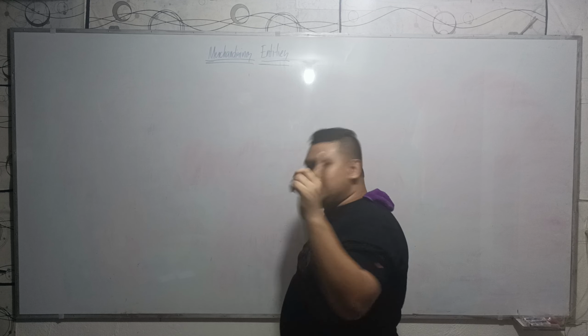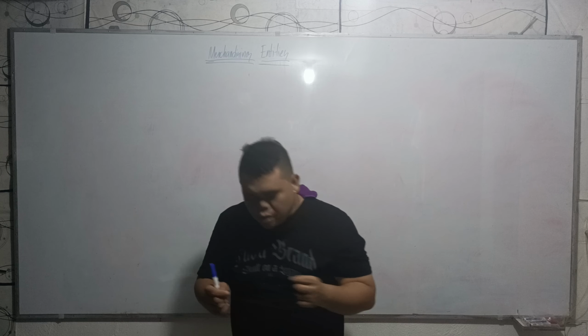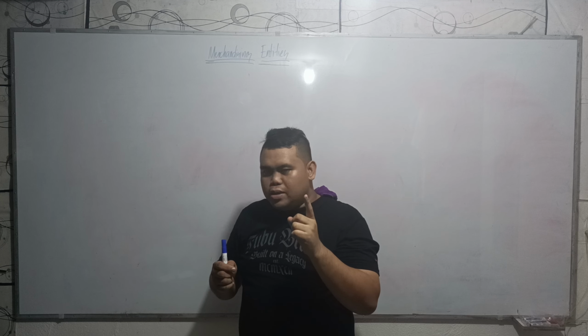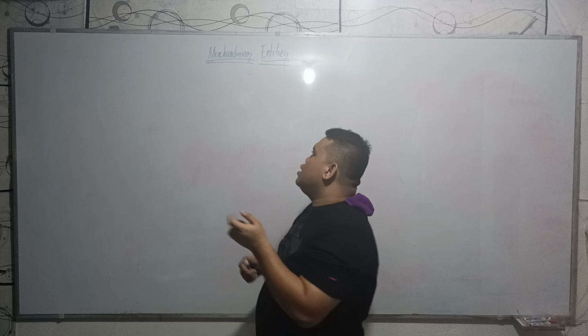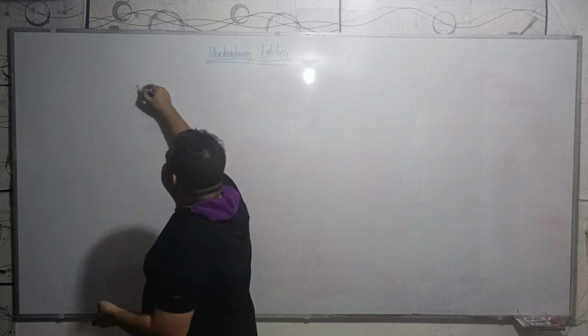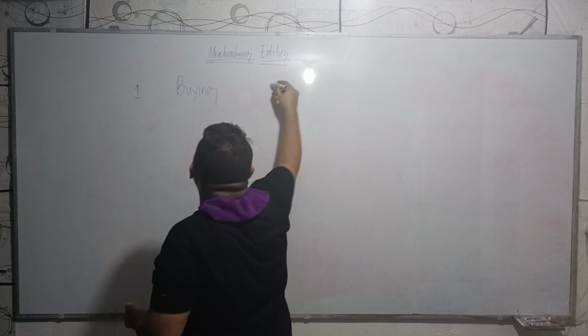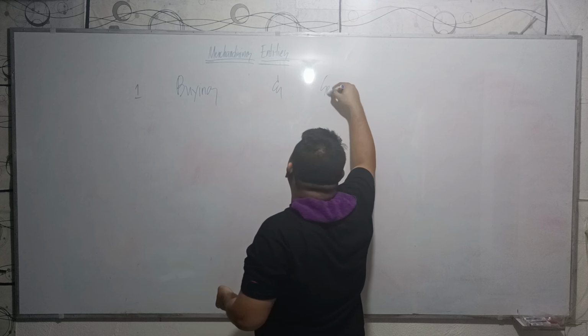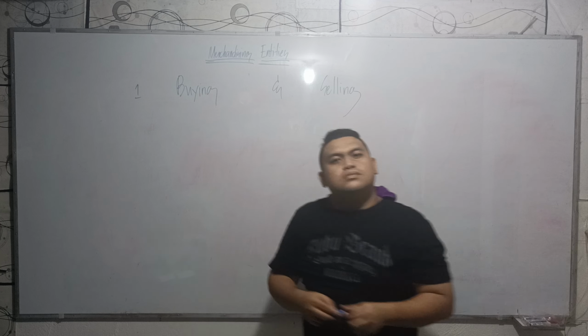Okay, now let's start. So, merchandising entities. The number one difference of merchandising entities with the service entities is, of course, the transactions, buying and selling, because this is not present in service entities.